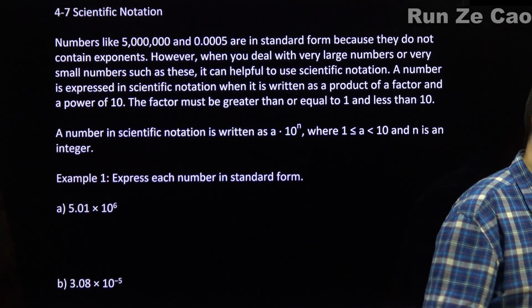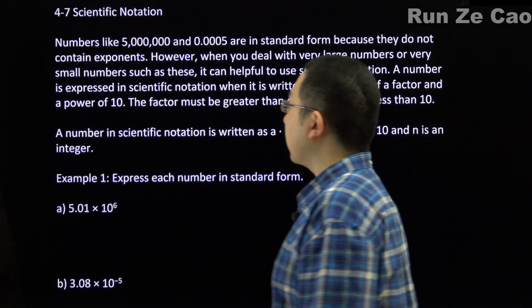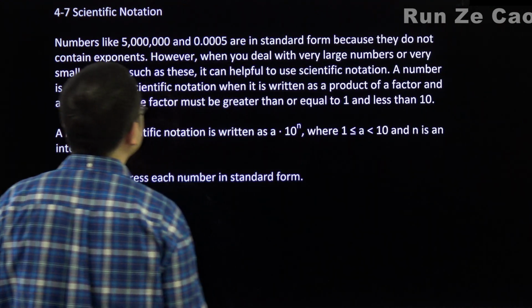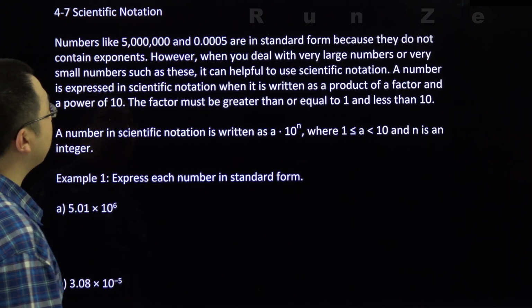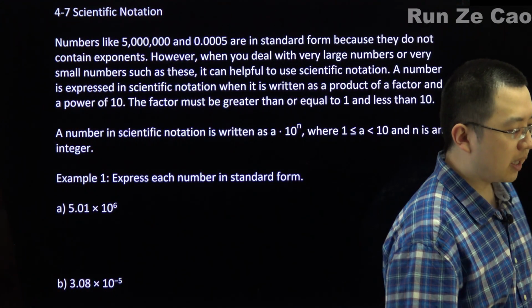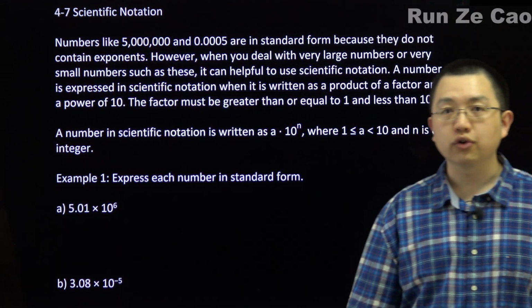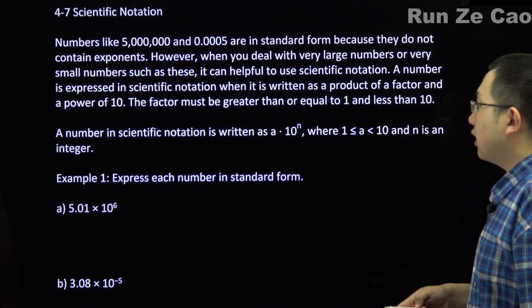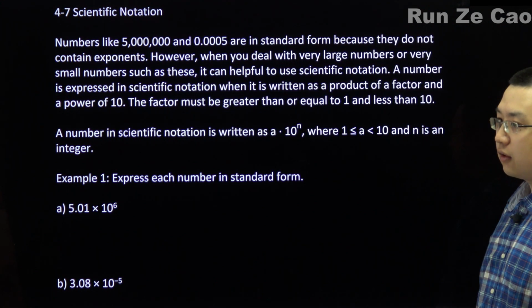Scientific notation. Numbers like 5 million or 0.0005 are in standard form because they do not contain exponents. But if you're dealing with large numbers or really small numbers, it's convenient to use scientific notation.